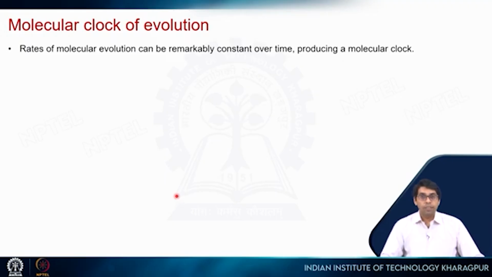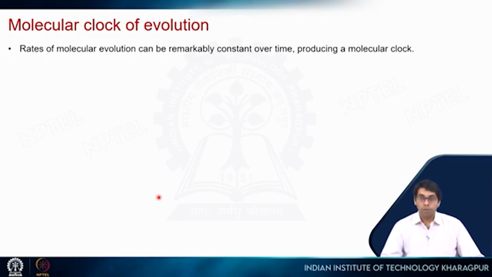So, this type of phylogenetic tree helps us to determine how long back in the past two species diverged, right. So, whenever we talk about this time, it means that we are talking about some clock. So, where is this clock coming from? This clock is coming from the rate of change or rate of evolution or rate of mutations that happen in certain genes.